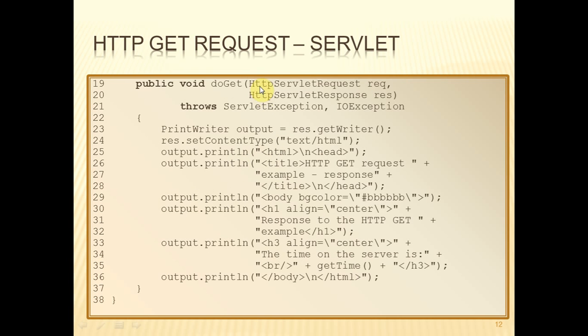A couple of things that we need to note about doGet, and indeed this is true of doPost. There are 2 parameters, the HTTP servlet request and HTTP servlet response. These 2 objects are given to the servlet by the Servlet Container.